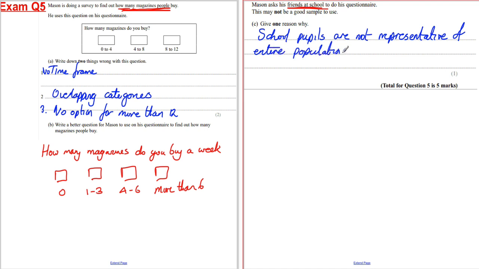And you may state what you mean by that. Maybe they are more likely to buy magazines.